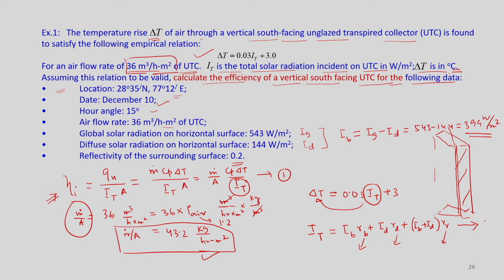Let me give a name of this equation, maybe 2, right. Let us calculate what is Rb, Rd and Rr. Okay. So, this Rb, if we substitute those values, is something like cos theta by cos theta z. Already we have done many exercises.